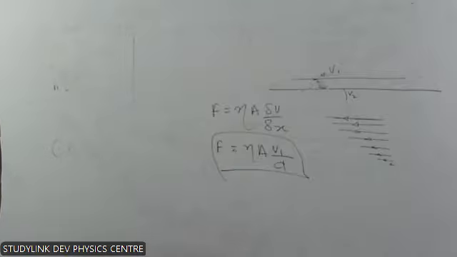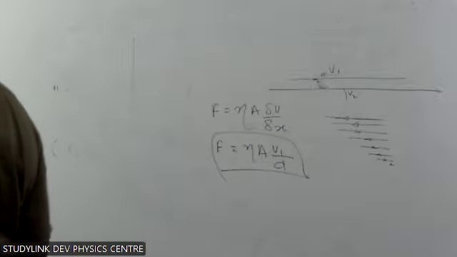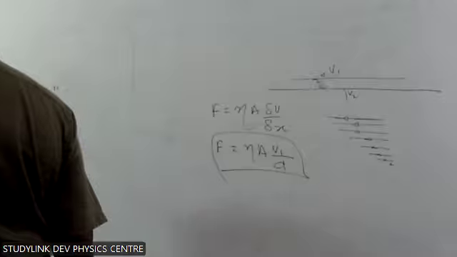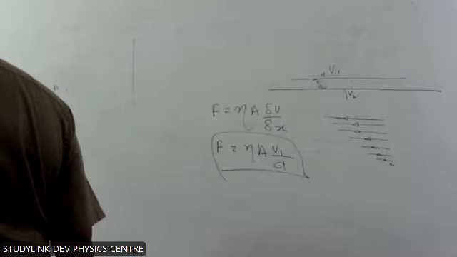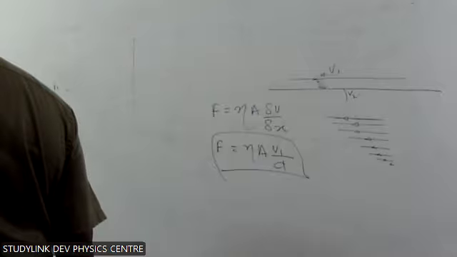Then third part. A person pushes a block of mass 0.5 kilogram on a horizontal floor. When a horizontal force of 0.25 newton is applied on the block, it attains a constant velocity of 0.01.